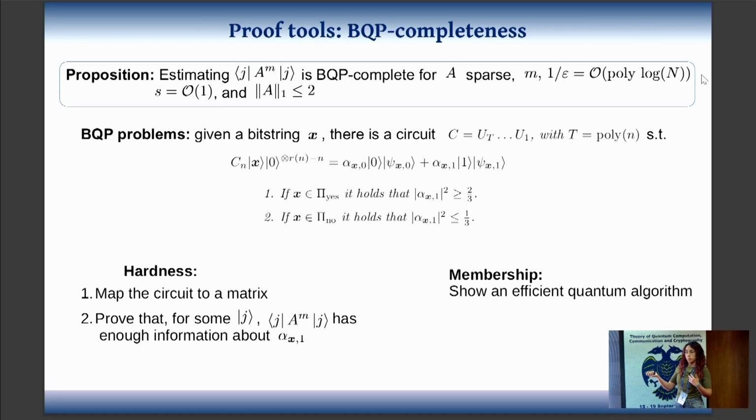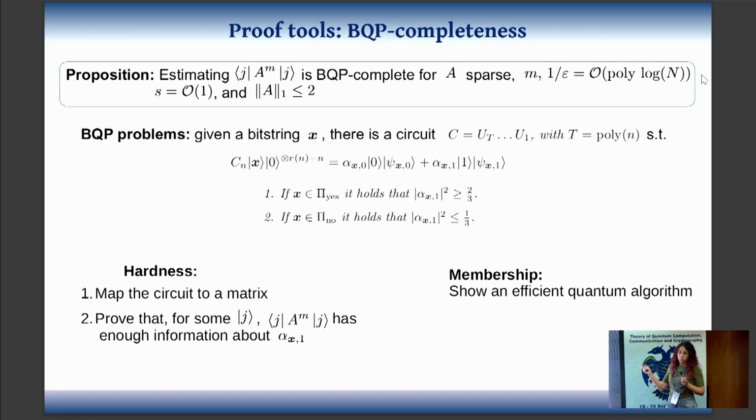The BQP class, actually the promise BQP class, is defined as follows. Given a bit string, you have a circuit with polynomial size.